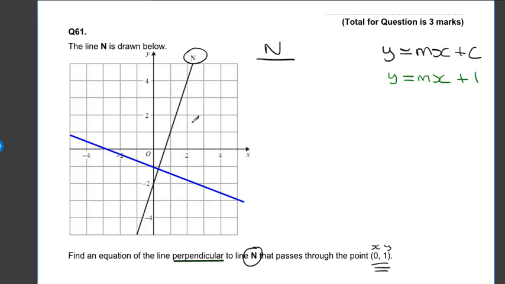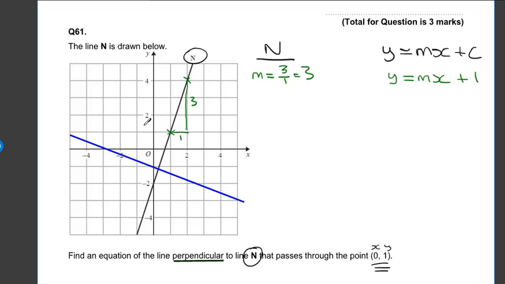Alright, easy peasy. Well, how do you do that? Look, get 2 points on it. 1 that we know, 2. So we go across 1, and we go up 3, n. So if you want, for n, you can say a gradient equals 3 over 1, which equals 3. Yeah, if you show them that working. Easy.